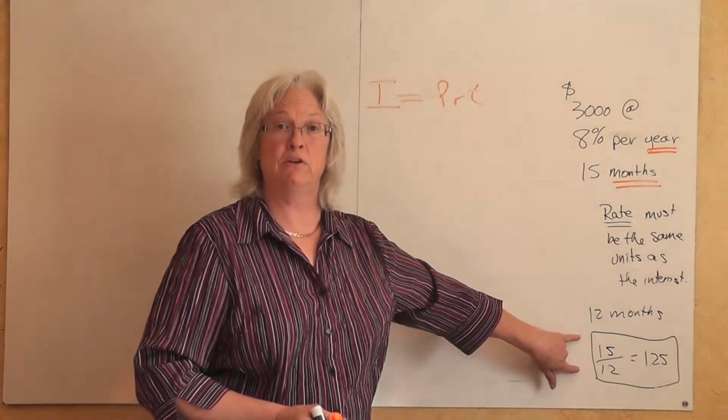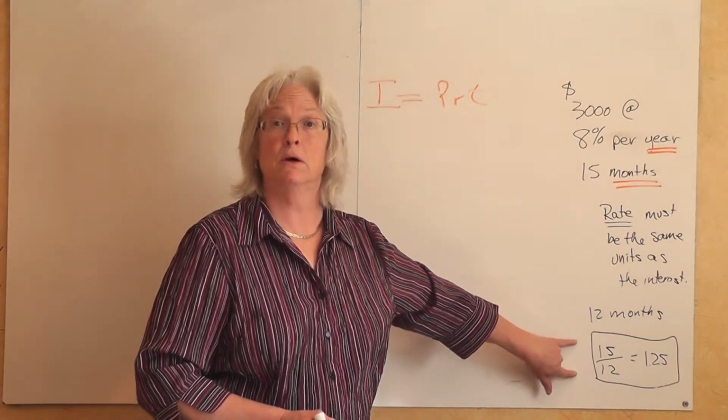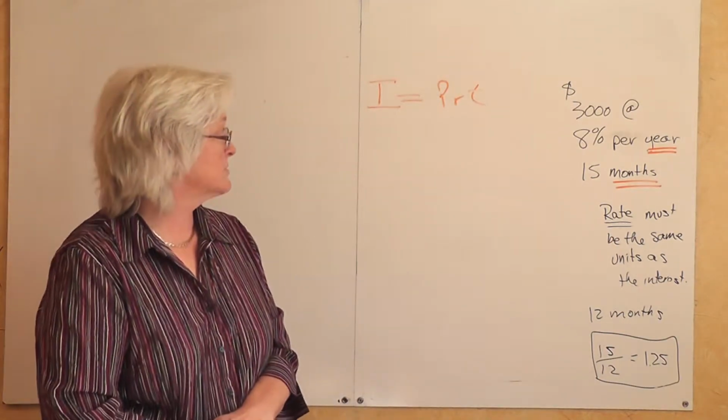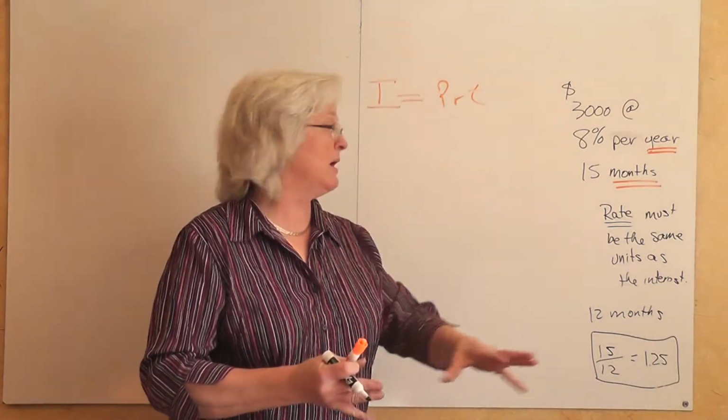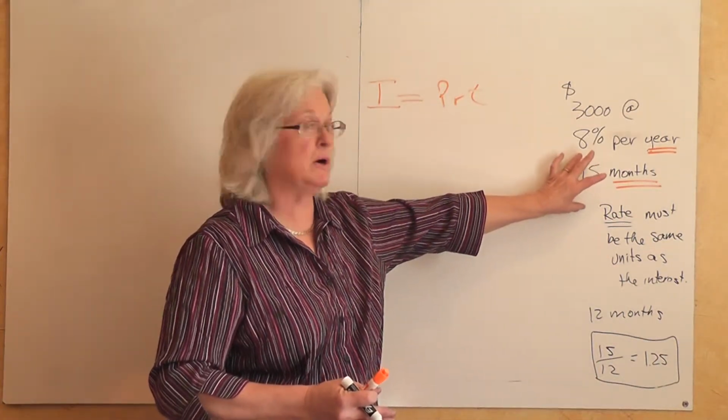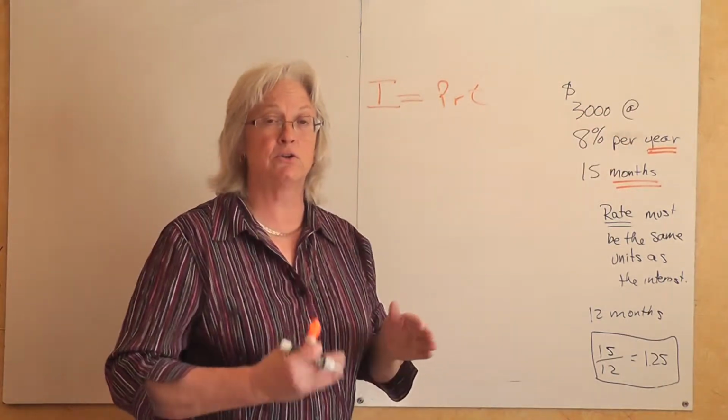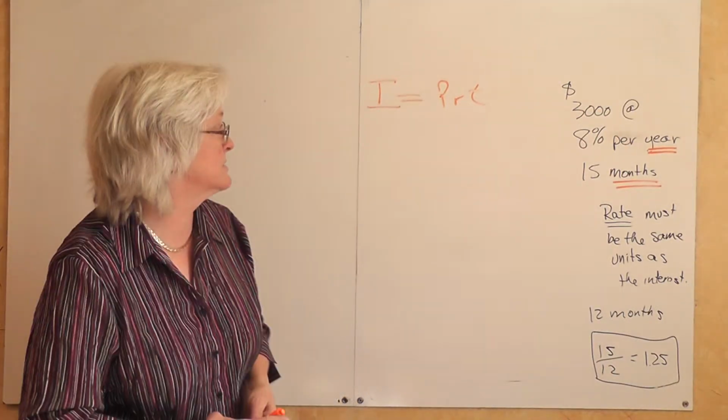That will reduce to 5/4, which is 1 1/4 years. So if you have something expressed in months, something else expressed in years, you have to make sure that those units are the same.